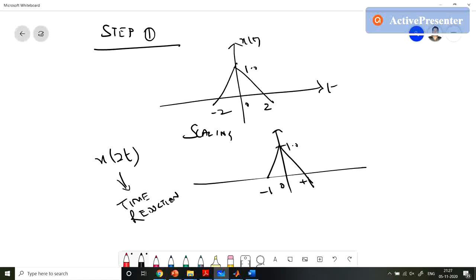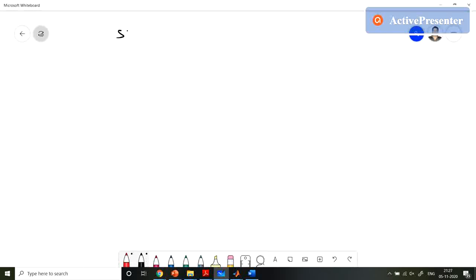Then in step 2, we are going to do the time shifting.